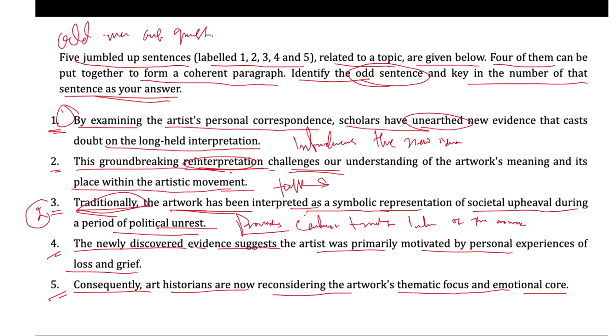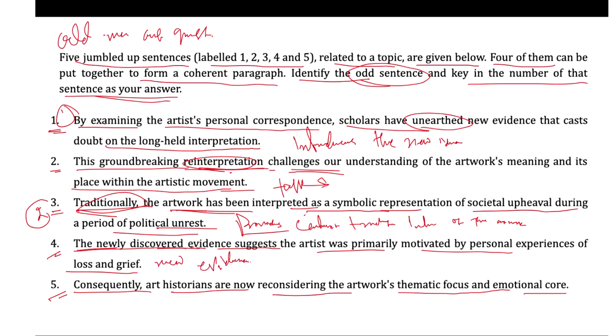We find the newly discovered evidence suggests the artist was primarily motivated by personal experiences of loss and grief. So, we can say that this sentence presents what? The new evidence, which gives a different motivation for the artist's work.